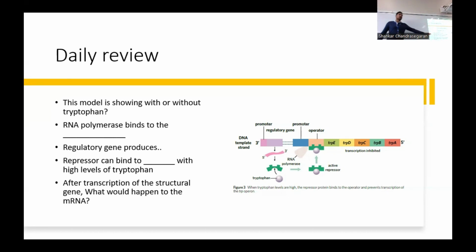All right, so let's see. Can I get, where does a repressor protein bind to? Sorry, okay, let me make this clear. The regulatory gene and the promoter, it is what makes the protein.